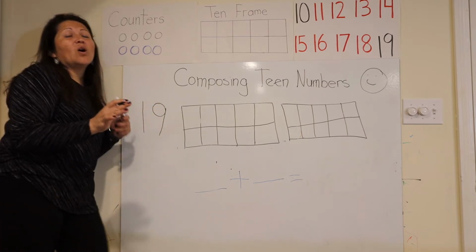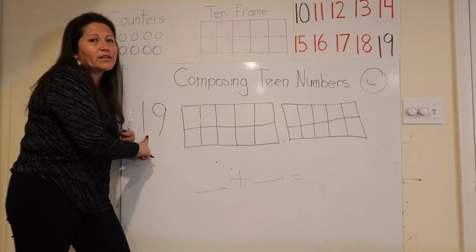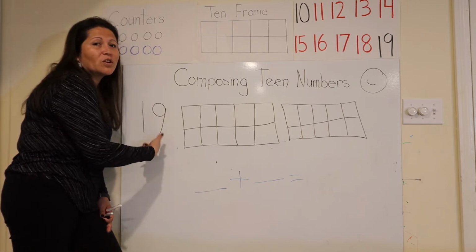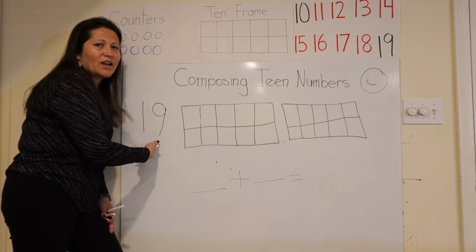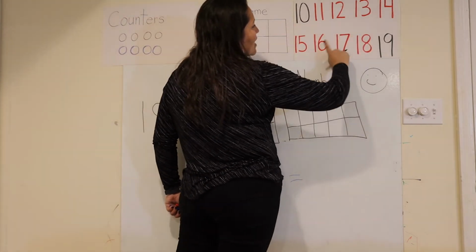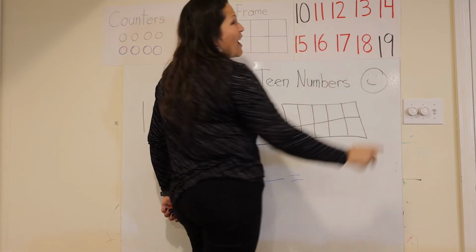Remember, friends, all the teen numbers have a number 1 first, all the time, okay? Now, I don't need anyone writing these numbers the other way because that won't be a teen number anymore. So, number 19, yeah, there it is. I have a little trick too.